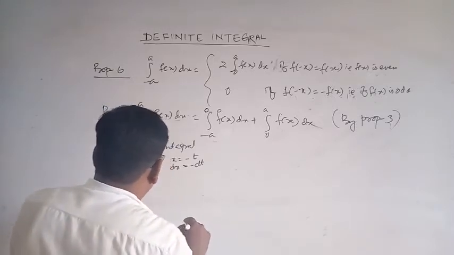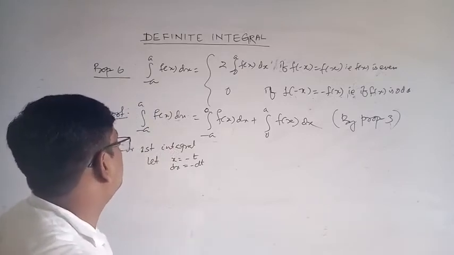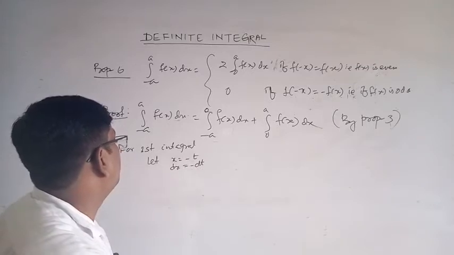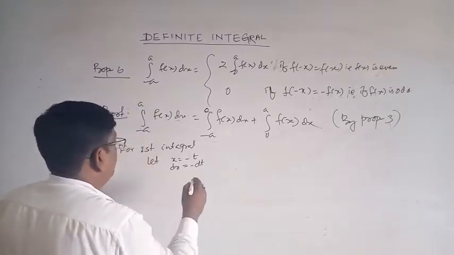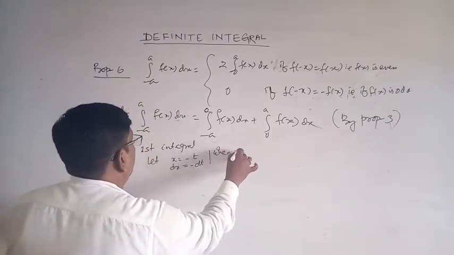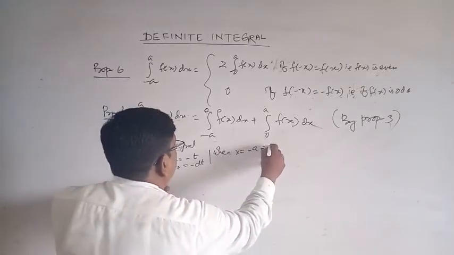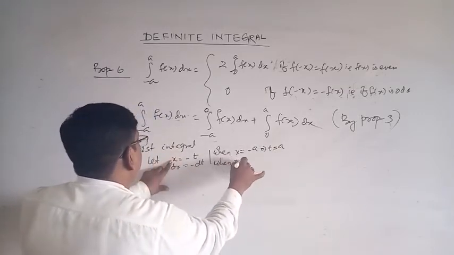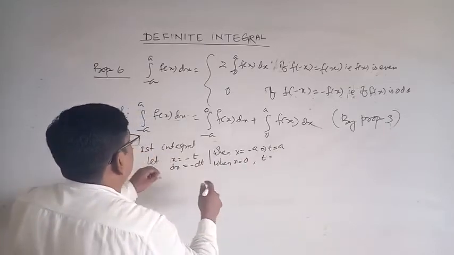So what happens here? When x is equal to minus a, t is equal to a. When x is equal to 0, t is equal to 0.